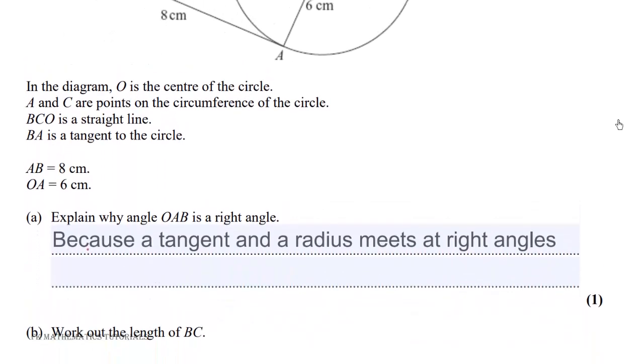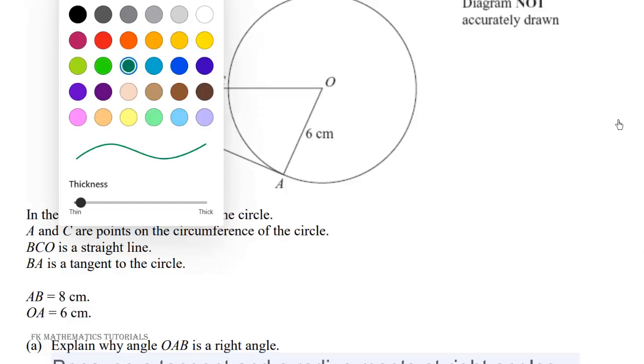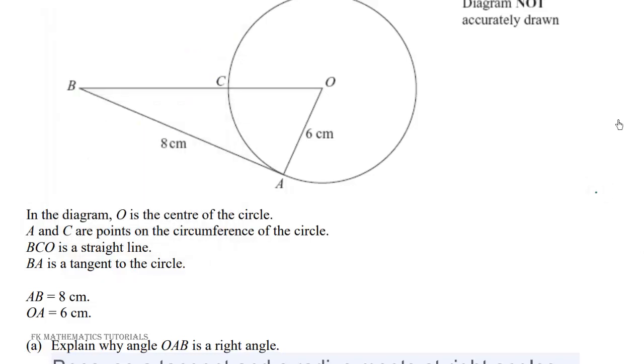Then we have to work out the length of BC. So length of BC. So we know that from Pythagoras theorem, BO squared is equal to OA squared, which is 6 squared, plus AB squared, which is 8 squared.